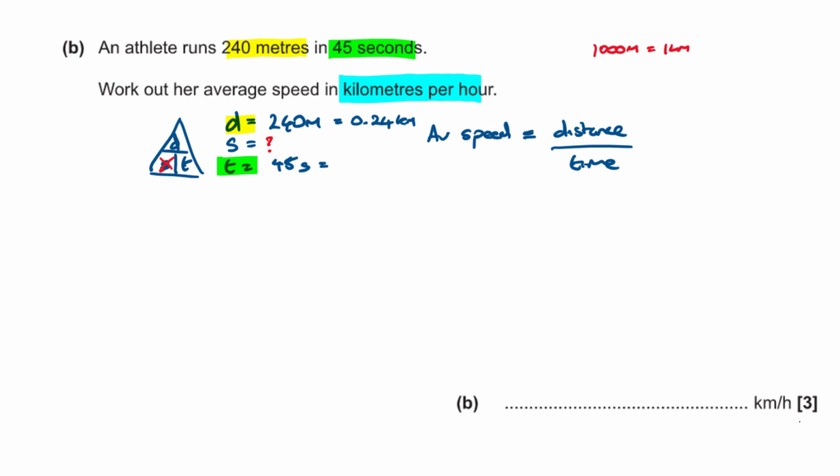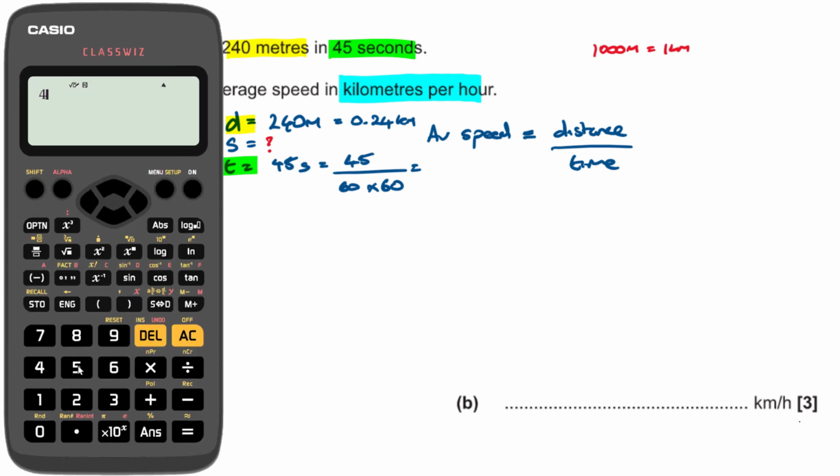Well, there are 60 seconds in a minute and 60 minutes in an hour. So if I want to convert seconds into hours, I need to divide by 60 and then divide by another 60. So 45 divided by 60 divided by 60 is 1/80th, which is 0.0125.